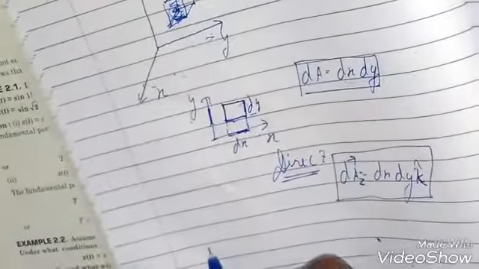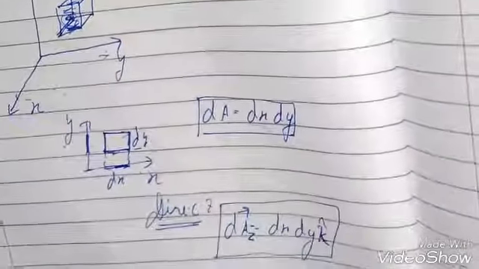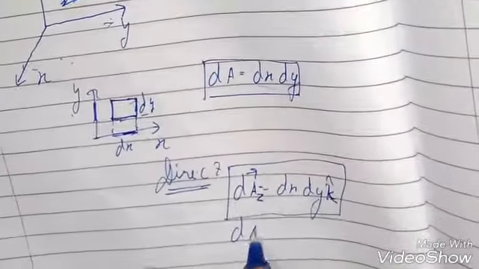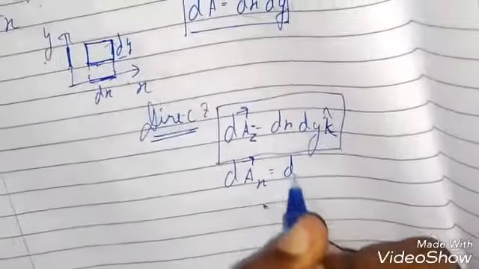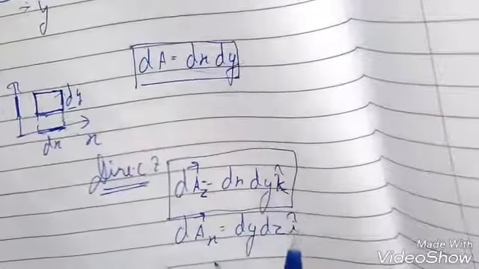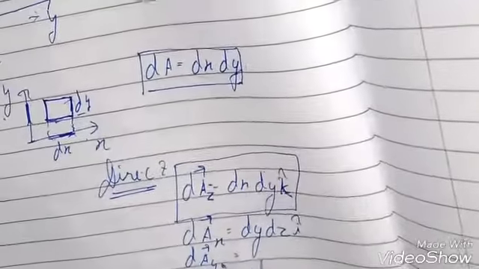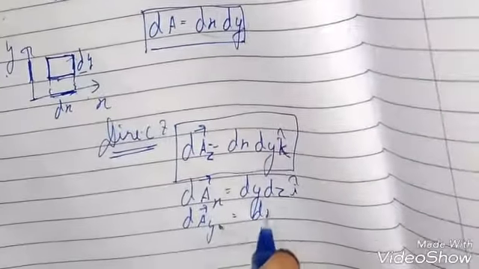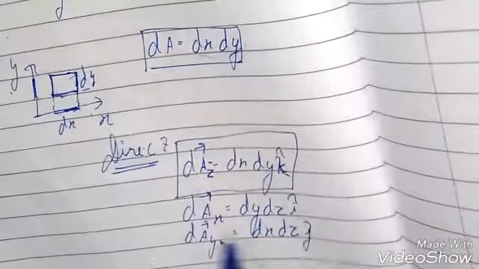Similarly, we can write another two surface elements also. One is having a direction along x-axis and one is having a direction along y-axis. They, in a similar manner, can be written as dA x vector is equal to dy dz i cap. Similarly, dA y vector is equal to dx dz j cap.